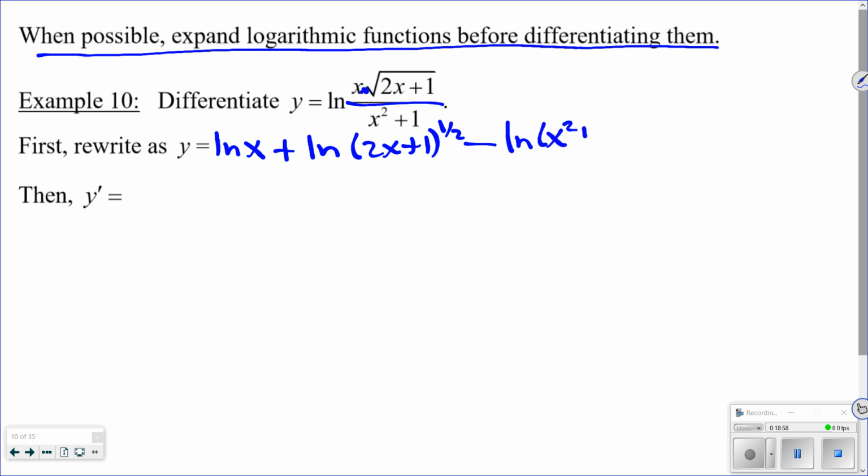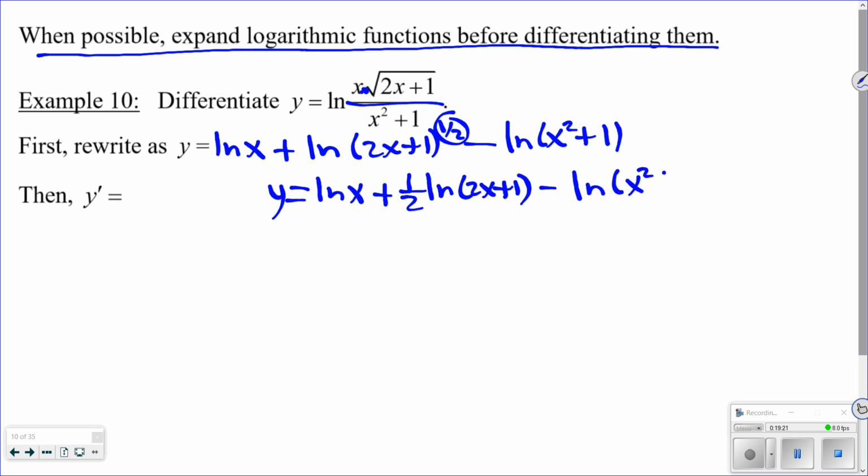If you need to review this, it's back in chapter 0. This is our rules for expanding logarithms. I'm going to do one last thing. I'm going to write y equals ln of x plus, I'm going to take this 1/2 and drop it down in front. We actually used that property earlier, but that's one of our properties for expanding logarithms.